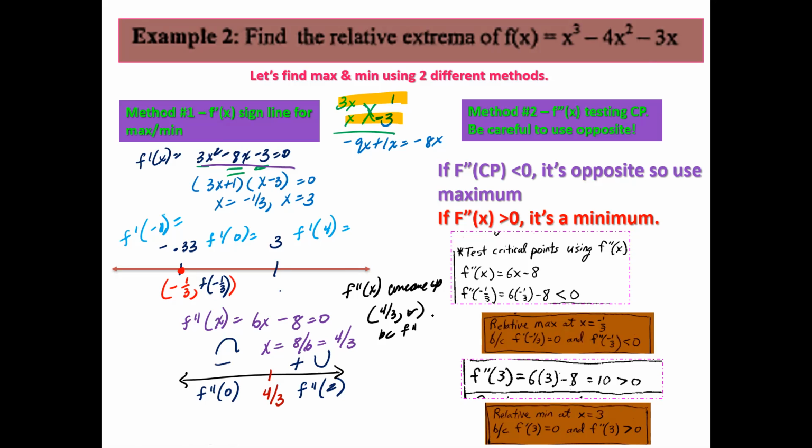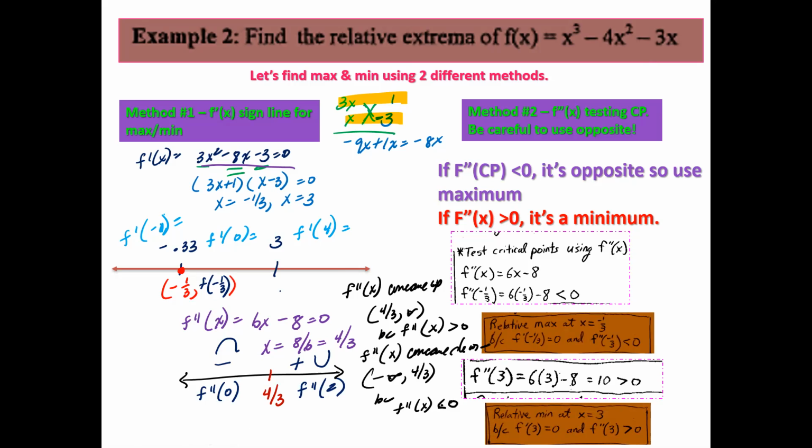And I wish my pen would work, but it's not working right now. Okay, and similarly, you could say f double prime of x is concave down at negative infinity to 4/3 because f double prime of x is less than 0. And that's how you will go ahead and respond to that question right there.